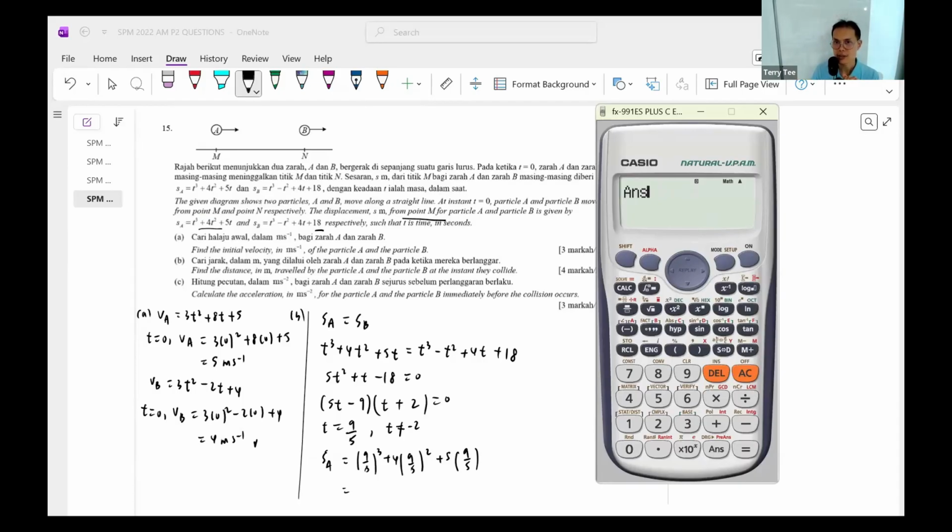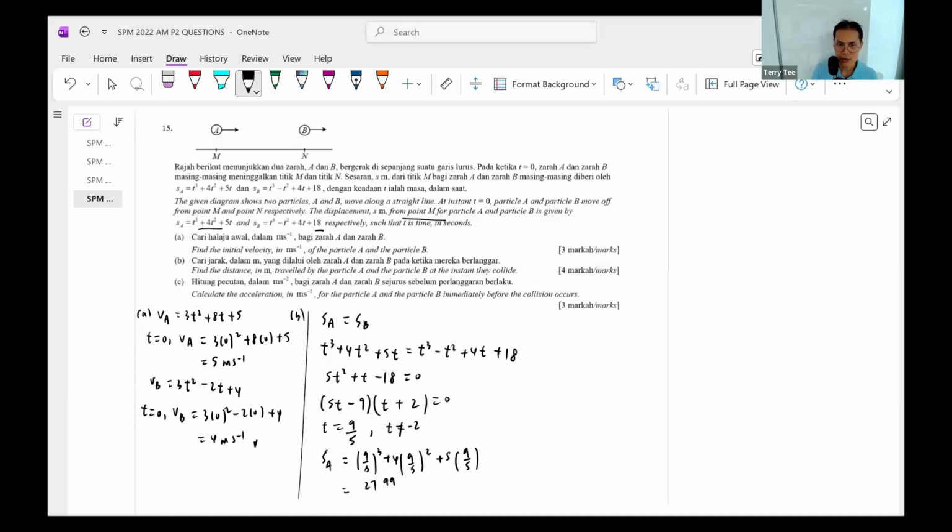So when you type answer, power 3 plus 4, answer power 2 plus 5 times answer, you should get this answer. Okay, it's a very ugly number: 2799 over 125. So I actually prefer to write a mixed number. You can give in any form, but this is easier for us to count.